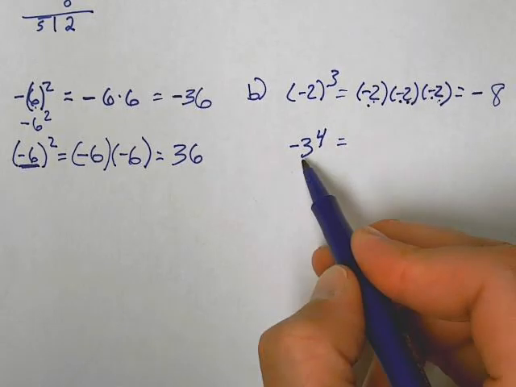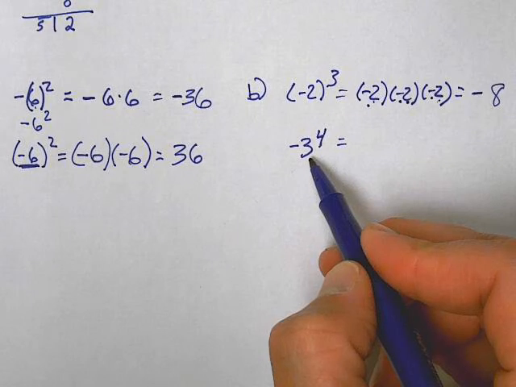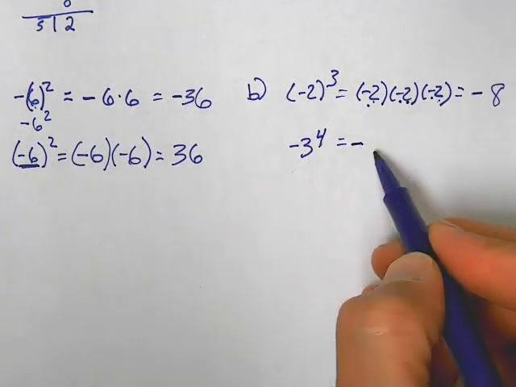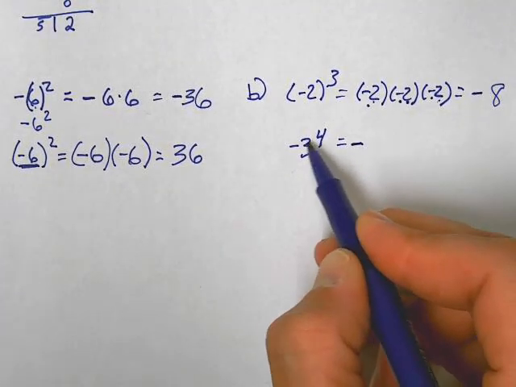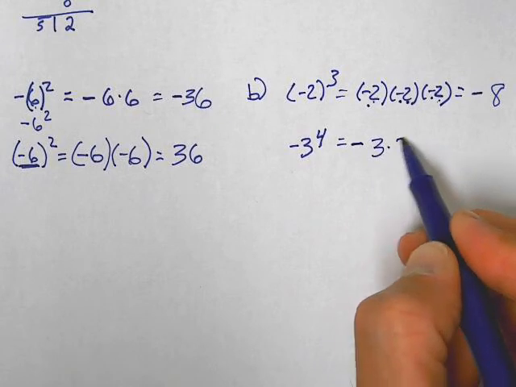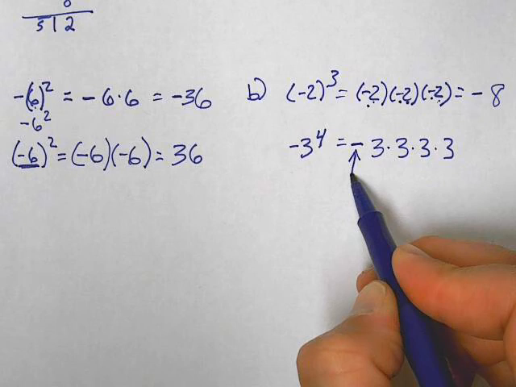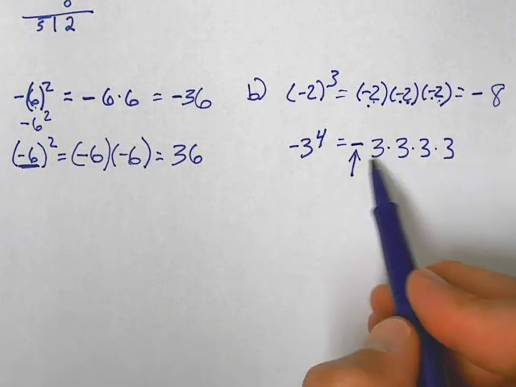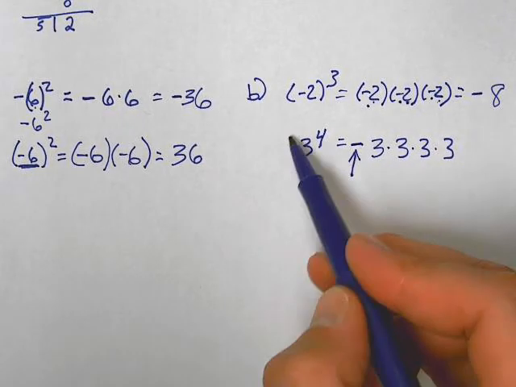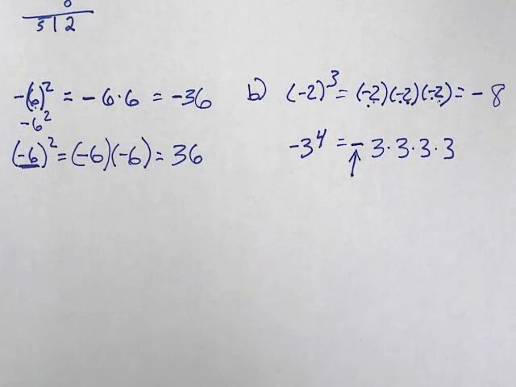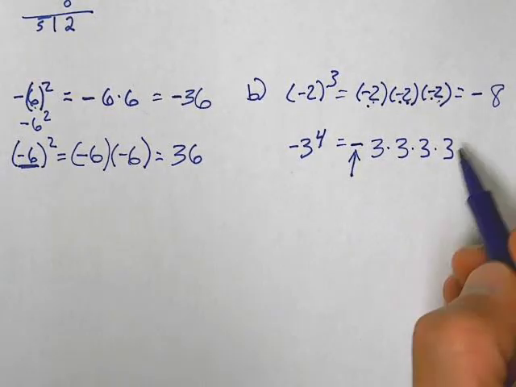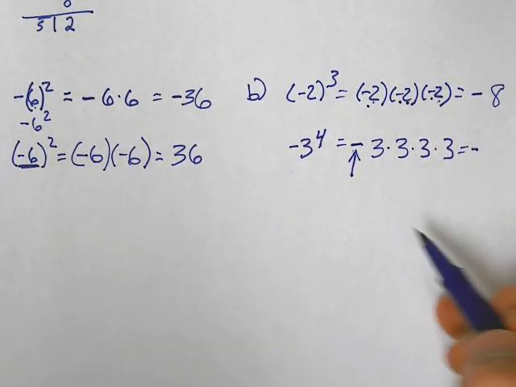Now here, the 3 is not in parentheses. So there's going to be only one negative, and the 3 is being repeated 4 times. So it's a 3, 3, 3, 3. Notice again, there's only one negative. If it was supposed to be negative 3 four times, this would be in parentheses, but it's not. So it's going to be a negative answer, because there's only one negative.